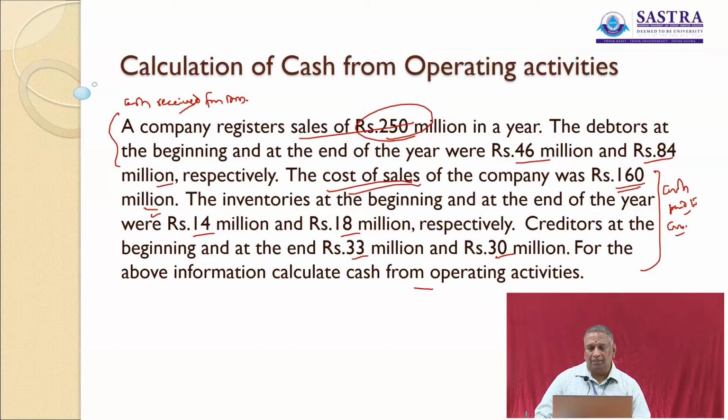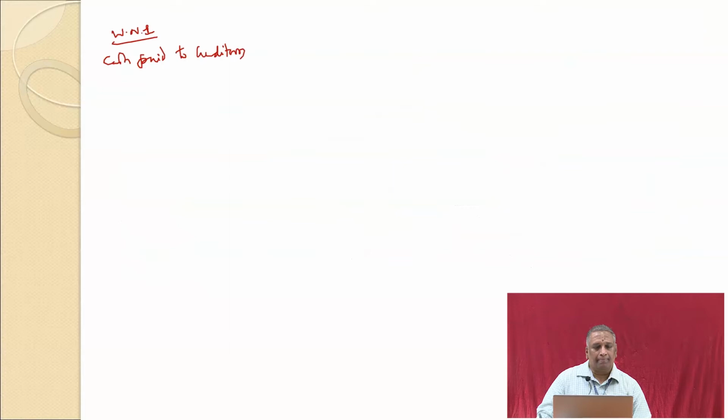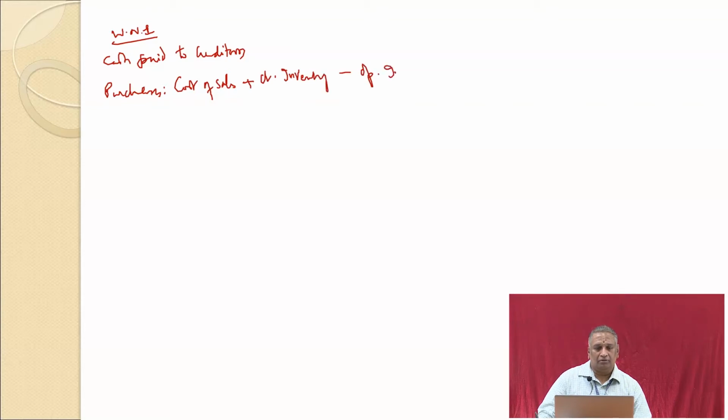And opening and closing inventory are given. So first we can use these numbers to calculate the purchases. So purchases can be cost of sales plus closing inventory minus opening inventory.